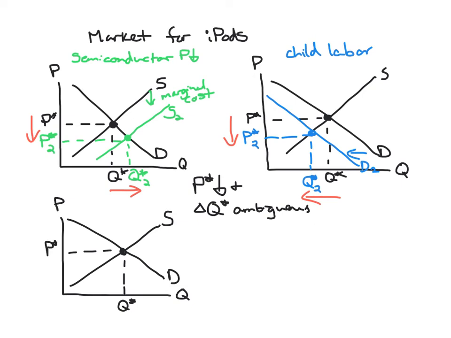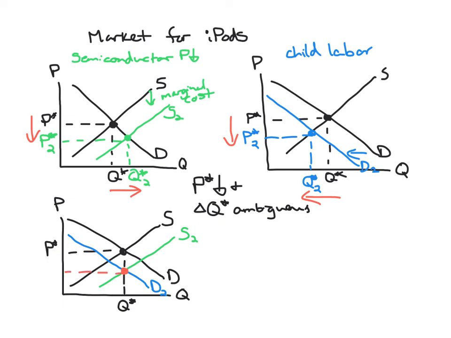And then let's put in the first impact, which is shifting out or to the right of the supply curve. And then let's put in our second factor, which is the breaking news about the children working in sweatshops. So that's a lower demand curve. And the net impact is a new equilibrium where the new supply and the new demand curves meet.